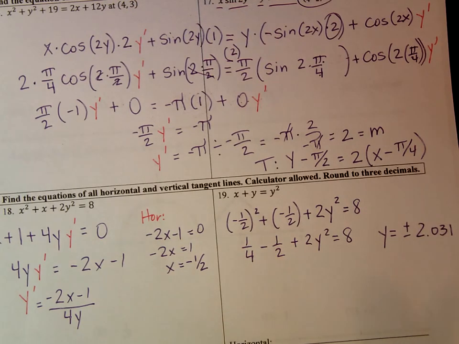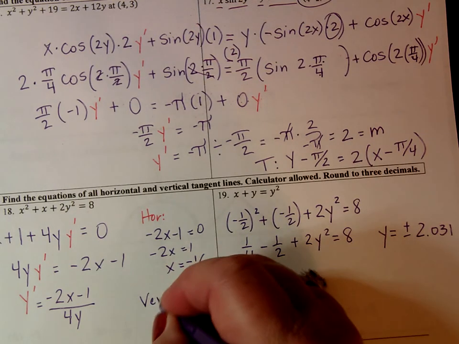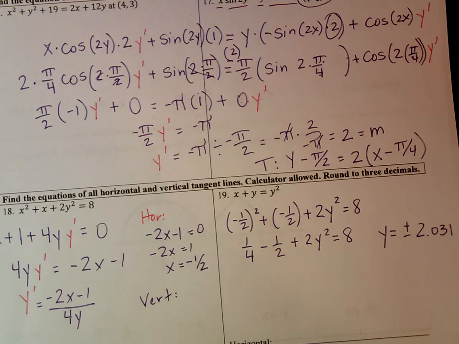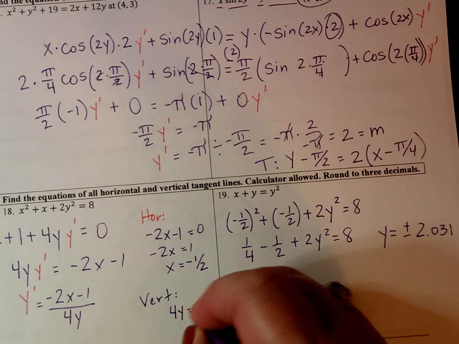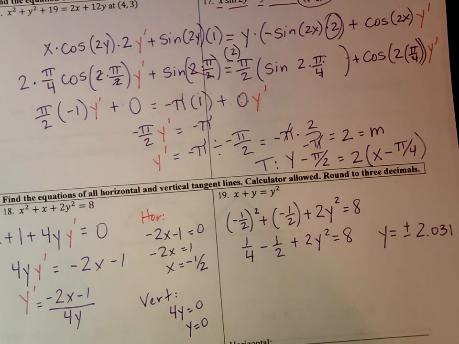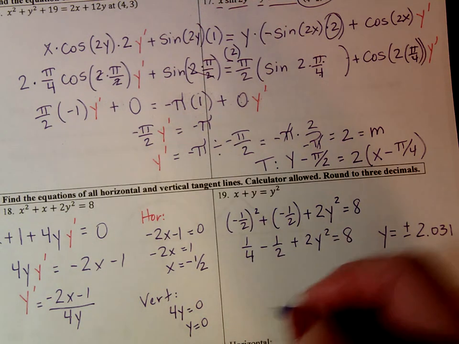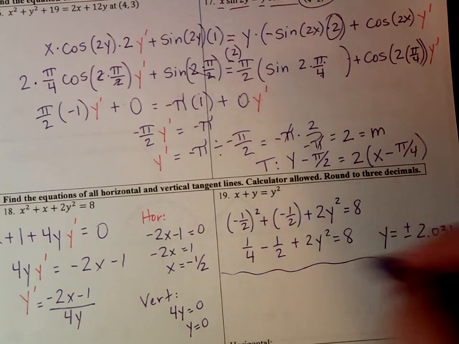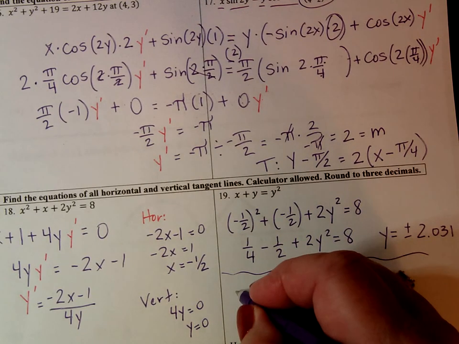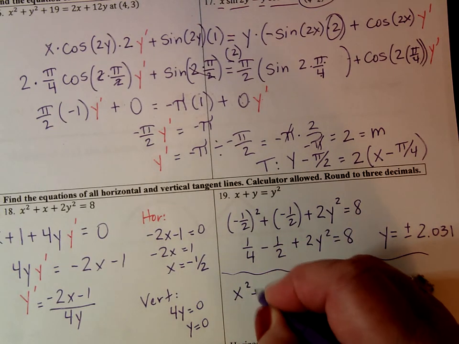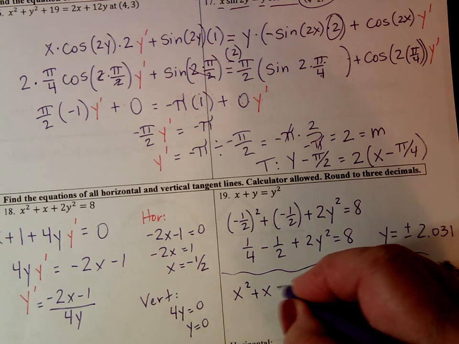For your vertical, that's going to happen when your denominator equals 0. 4y equals 0 when y equals 0. So you're going to take that 0 and you're going to plug that in again into your equation. And that's going to give you x squared plus x plus 2 times 0 squared equals 8.